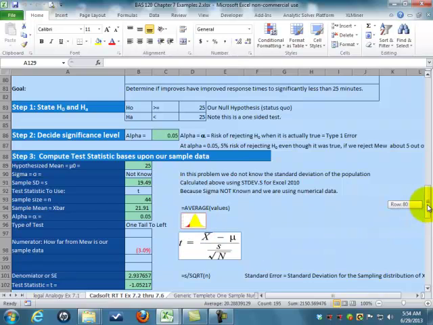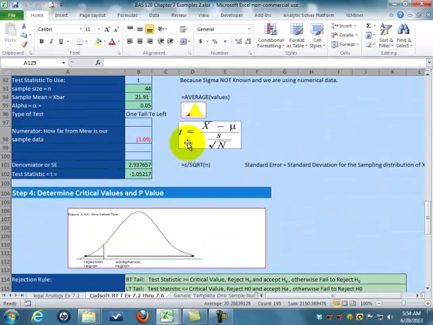Now, remember, the test statistic for a t has a numerator where we decide how far from mu our sample data is. So we took our x bar, our 21.9, the average response time we got in our sample, and compared that to our hypothesized population mean, which was 25 minutes. So we've reduced response times by 3.09 minutes.